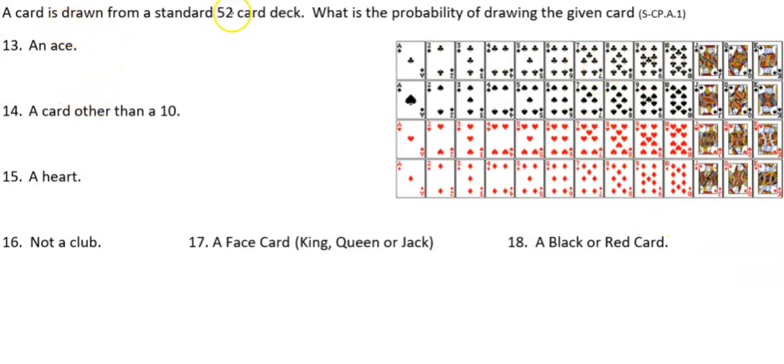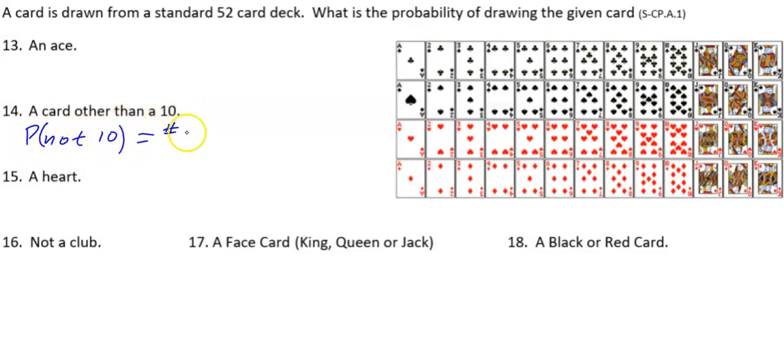If we draw a card from a standard 52 deck, there are 52 of these cards: 1, 2, 3, 4, 5, 6, 7, 8, 9, 10, 11, 12, 13 times 4 is 52. What is the probability of drawing one of those cards? Let's look at number 14, I'll help you with number 14. The probability of a card other than a 10. So the probability that we are not a 10.